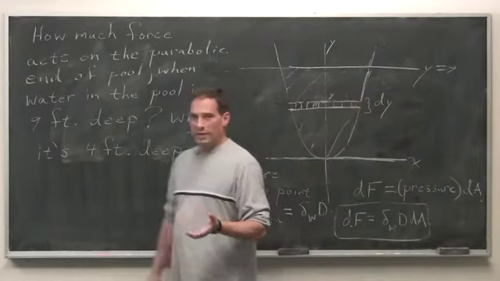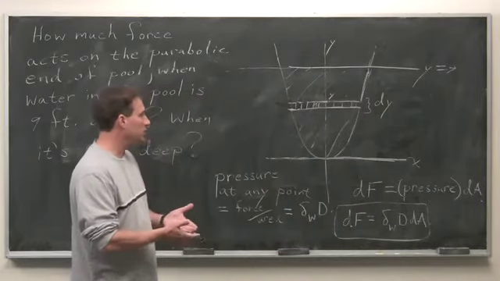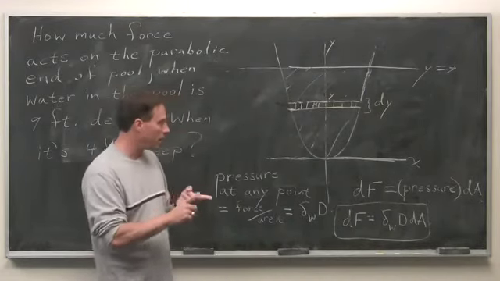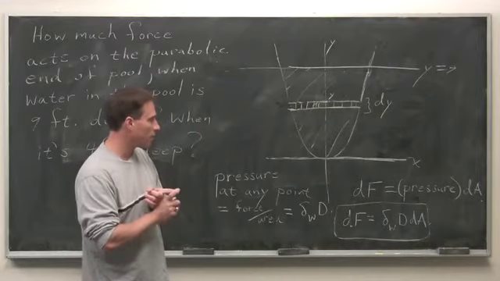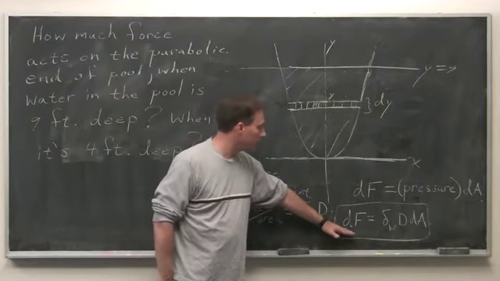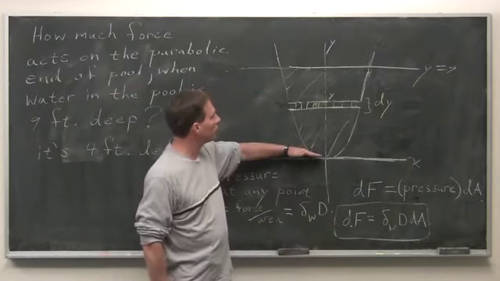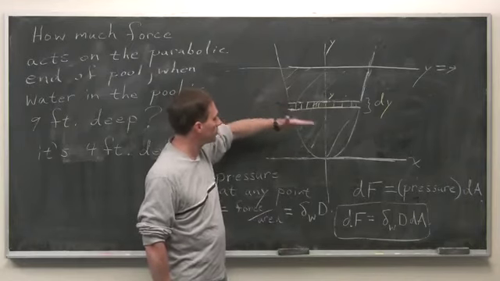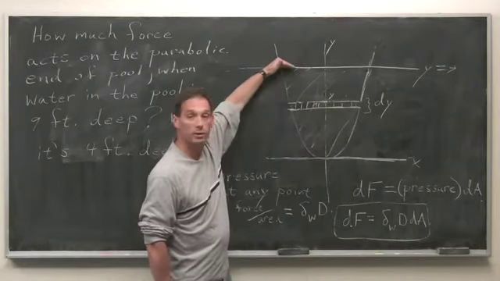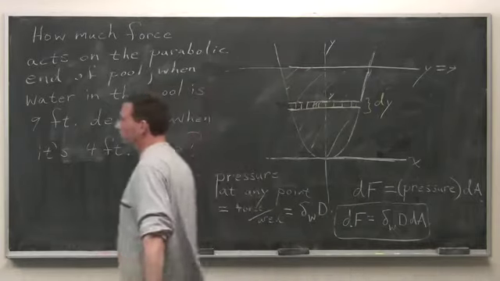So that's what we get without putting in what everything is. Of course, we need the depth in terms of y, and we need dA in terms of the y coordinate, and then we'll integrate dF over every y coordinate where we have water, which is from y equals 0 to y equals 9. So that's what we do.